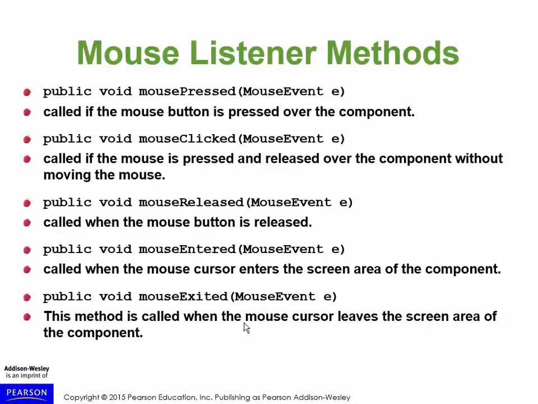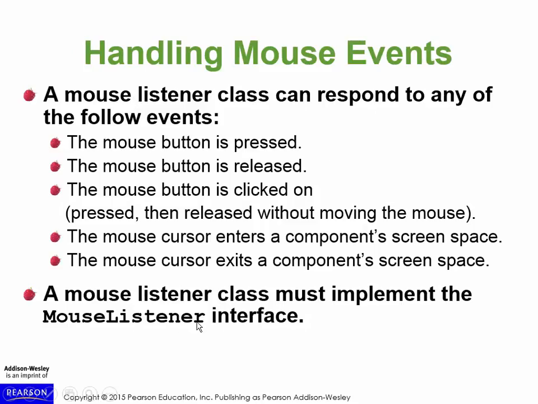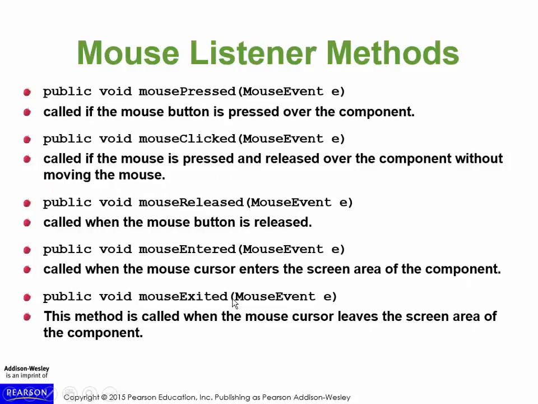Here are the different methods that you have available to you. Unfortunately, when you implement the mouse listener interface, you have to include all these. So even if the only thing I want is to put some code into mouse pressed, I still must include mouse clicked, mouse released, mouse entered, and mouse exited.